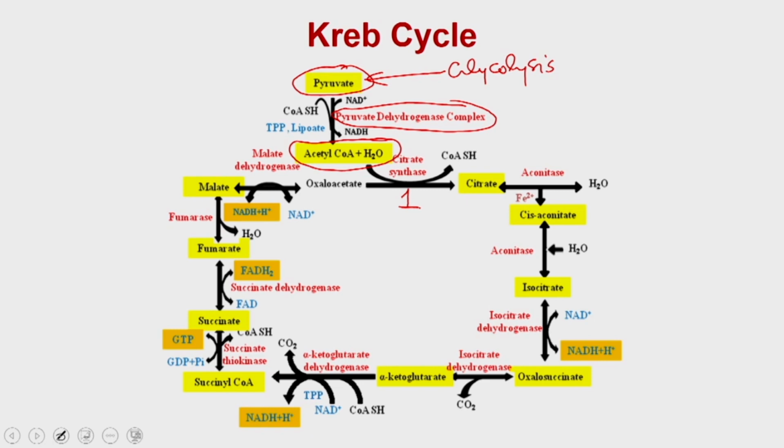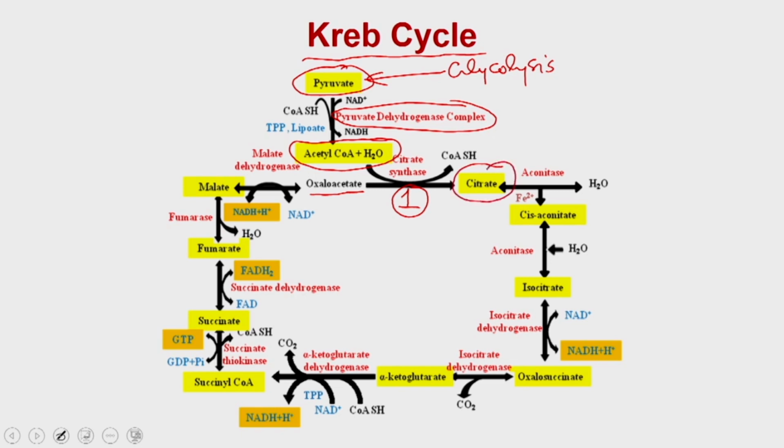As the name suggests, the Krebs cycle was discovered by a scientist named Hans Krebs, and it is multiple reactions catalyzing different steps to generate ATP as well as reducing equivalents. So, the oxaloacetate which is present combines with acetyl CoA in the first reaction, the enzyme is citrate synthase, to generate citrate.